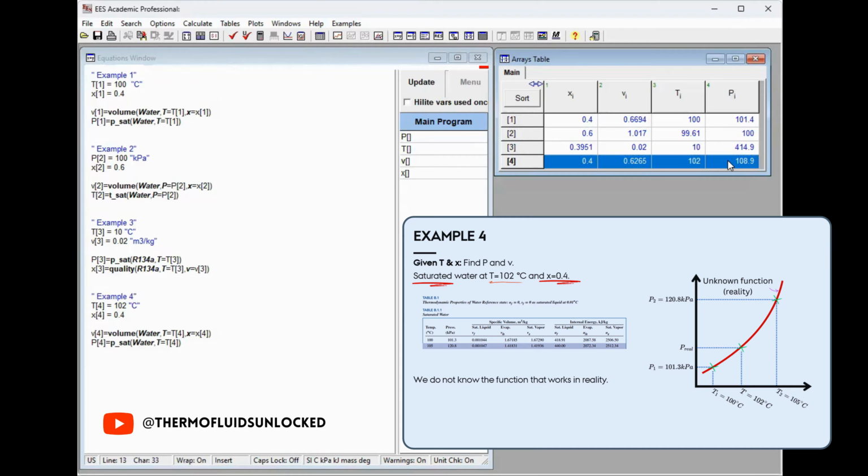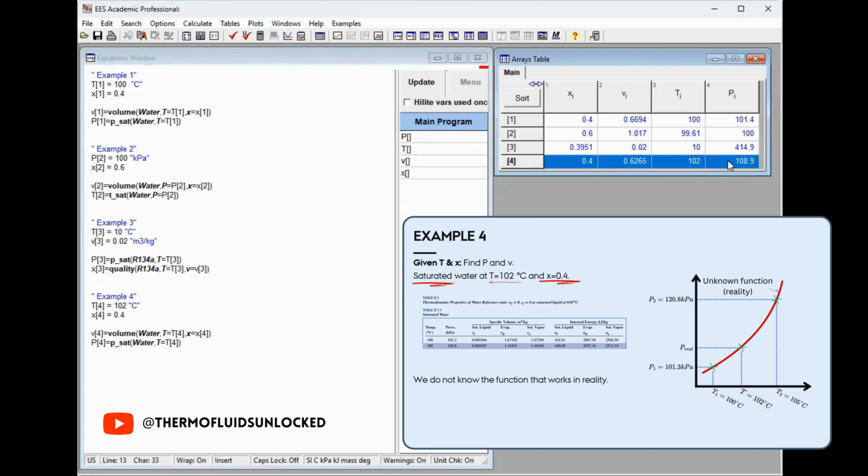So in reality, we have the temperature and pressure for these 2 points, and there is a function that connects these dots together. And if I want, for example, to calculate the PSAT for 102 degrees Celsius, I need to know that function, and I don't have it in thermodynamic tables.